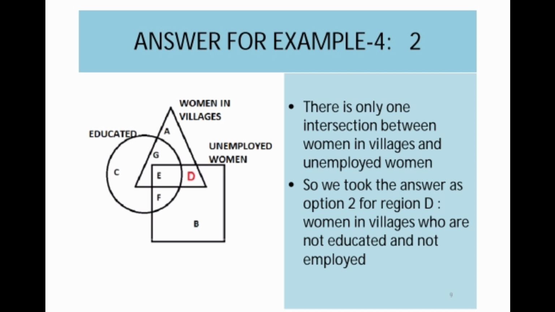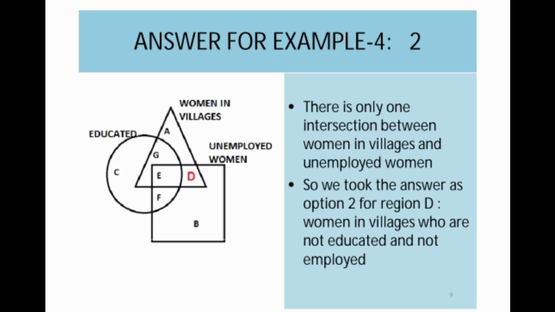So here most of you will have a doubt: how can you take women in villages who are not educated? Yes, I will tell you. The circle represents educated, but the region which is not intersected by the circle is known as uneducated.